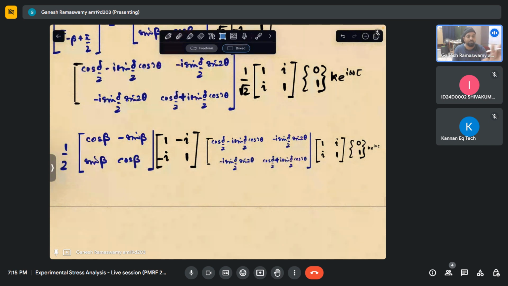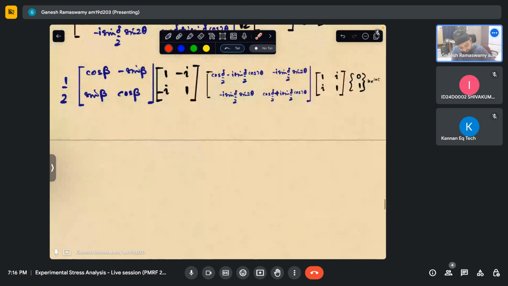First quarter wave plate, instead of 45, I put it at 45 plus theta. Then, if I aligned everything like that, this theta with respect to our benchmark becomes 0. So that simplifies our calculation. That is why we do that.